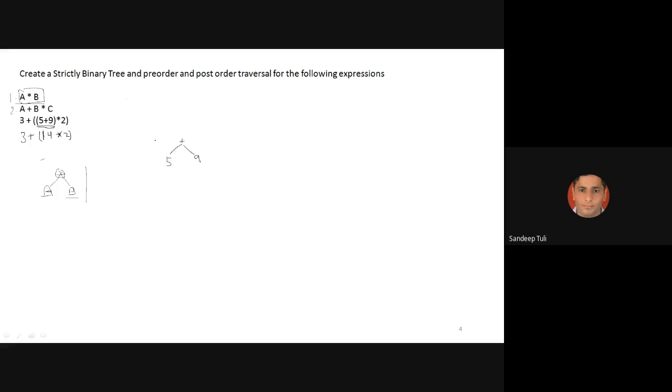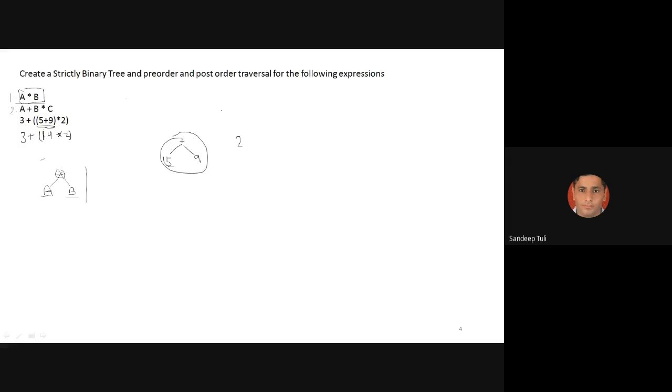Now look at the tree that we have already made, 5 plus 9. That results in 14. So this whole tree is 14. 9 plus 5 is 14. Now the result of this will be multiplied by 2. Let us suppose that this is a particular node. It is only one node. Now with this node, what will we do?